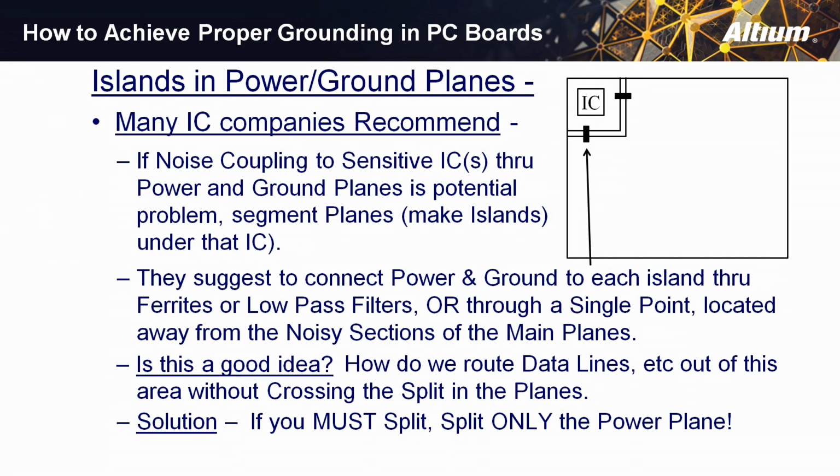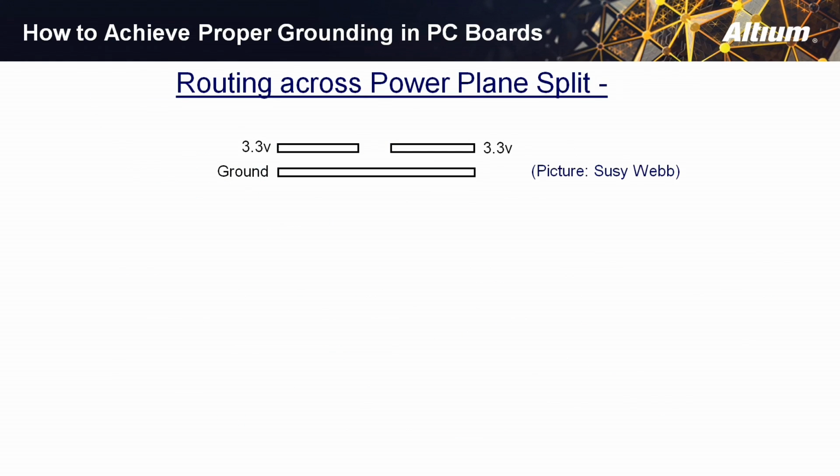You can leave a solid ground plane and just split power. I've read many, many books and articles over my career of people who have tested these concepts and proven repeatedly that you don't need to split both power and ground, just split power. Keep that in mind for the future.